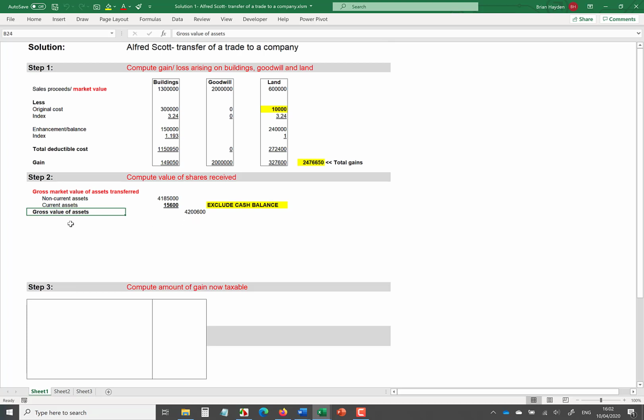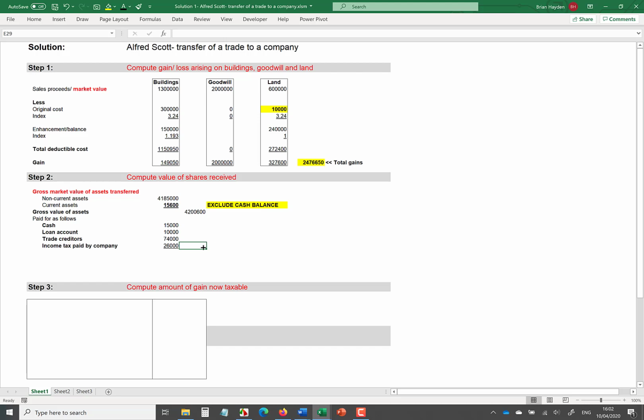Now, how did the company buy these? What did it give Alfred for these assets? So it gave cash, which we know to be 15,000. It created a loan account in his favour for 10,000. The trade creditors were taken over, and the income tax was also taken over. So that's 26,000 taken over.